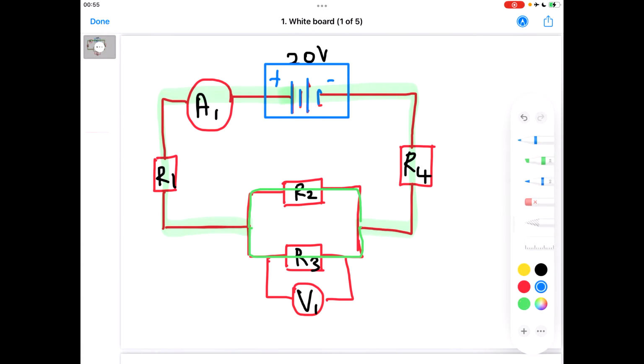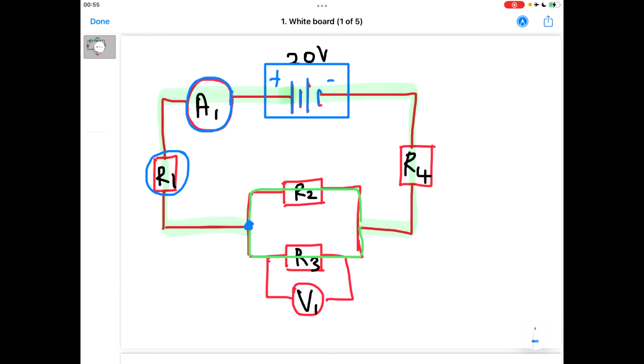Okay, let's see. Can you guys see that the current passing through there is passing through a series connection? So that means it has to be the same current passing through there. It only splits when it gets to that point.